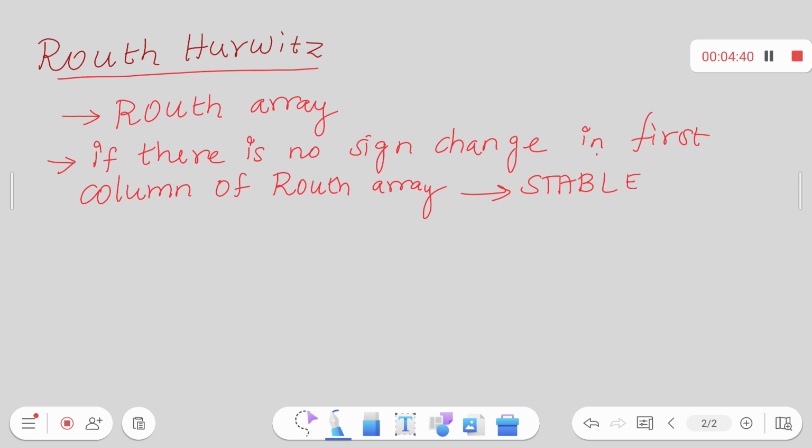So this is the main criteria proposed by Professor Routh. We have to construct Routh array, and there should not be any sign change in the first column of the Routh array.